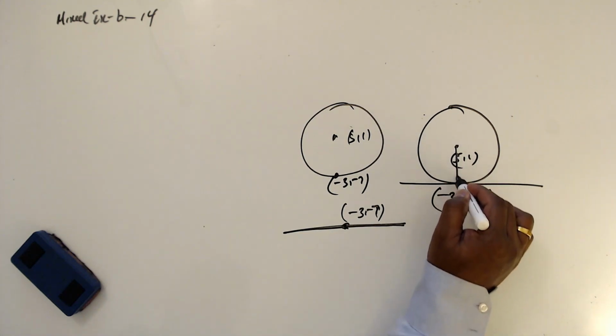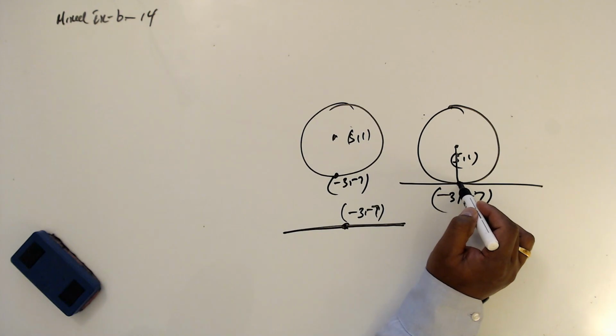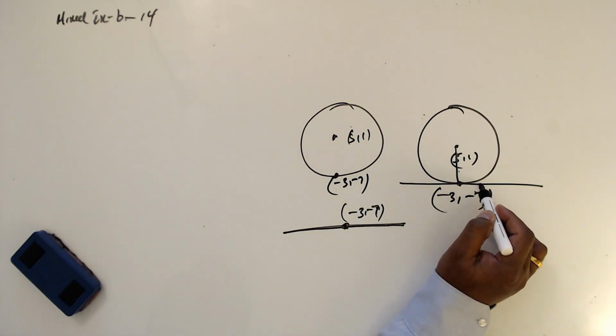If we know the gradient of this one, then the tangent has to have the perpendicular gradient.